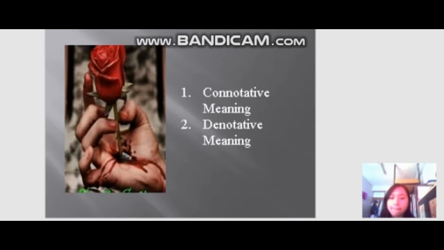Next, here we are going to learn about connotative meaning and denotative meaning. So this is the way we understand meaning, connotative and denotative meaning. First, let's see the picture. As you see this picture, what does it symbolize, or what meaning does this symbol carry?